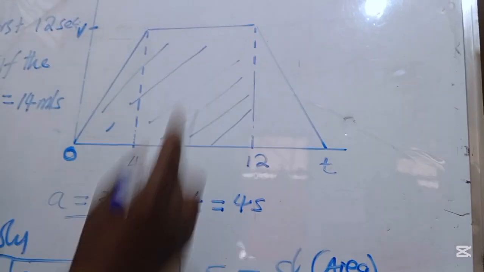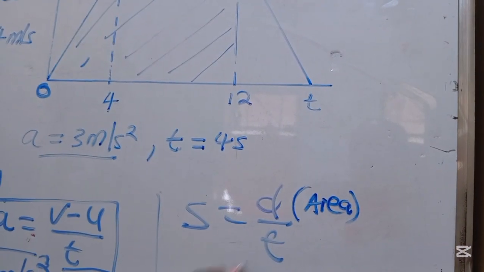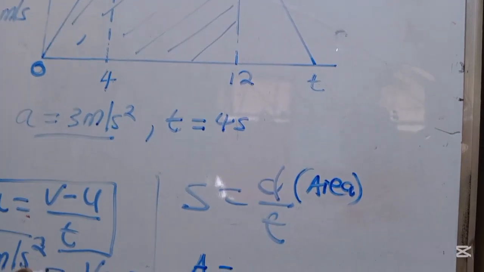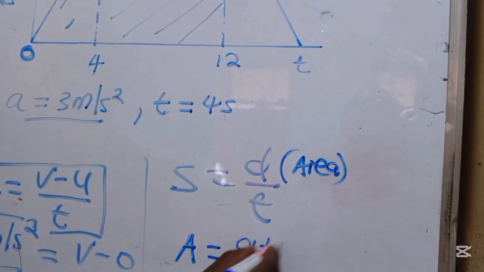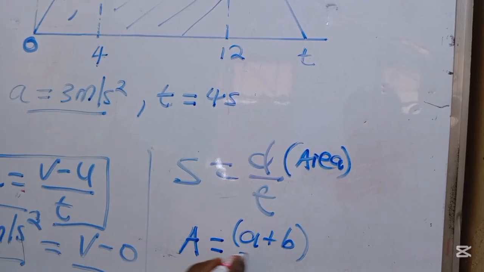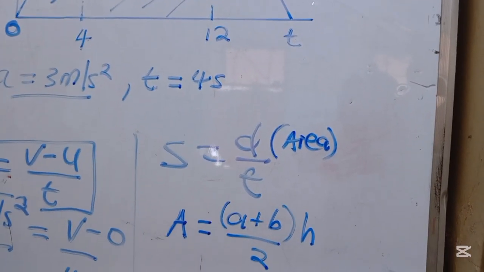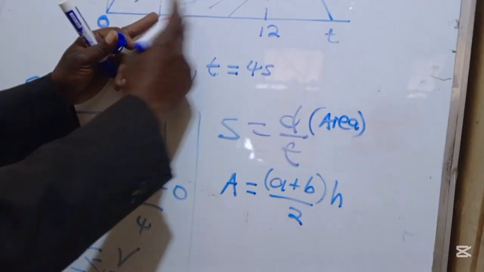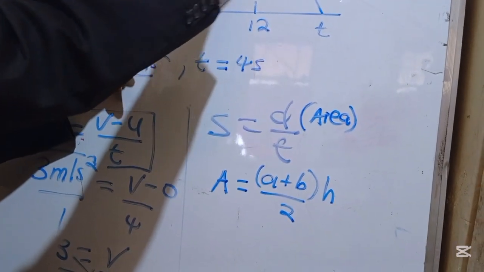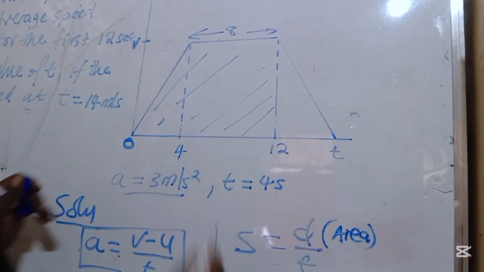If this is a trapezium, area of the trapezium, mind you, we are looking for distance, because distance is equivalent to the area, is equal to a plus b bracket over 2, then multiplied by the height. So you agree with me that when you go up there, you find the difference between here, I'll get 8. So this is 8, this is 8, and this is 12.